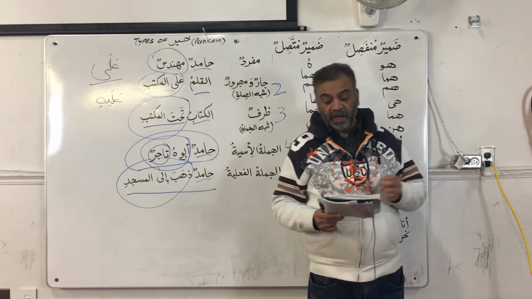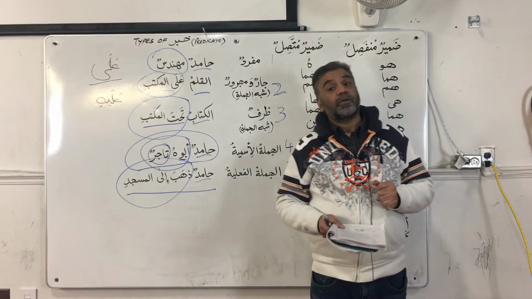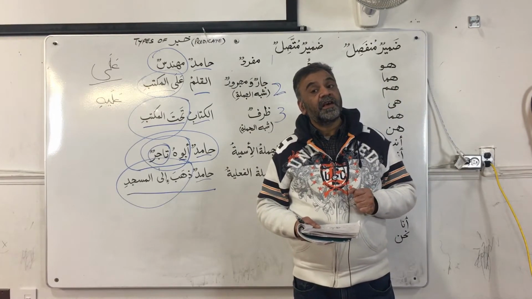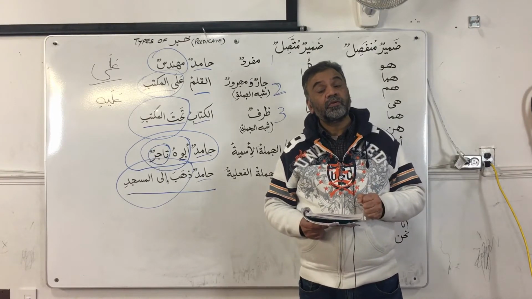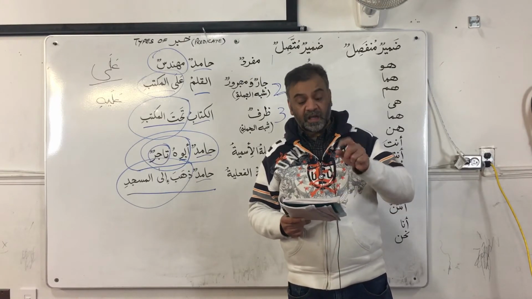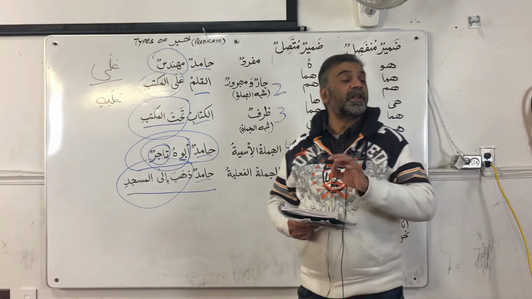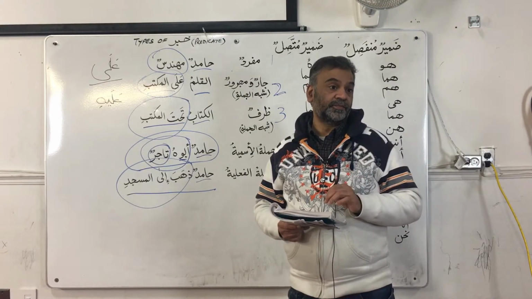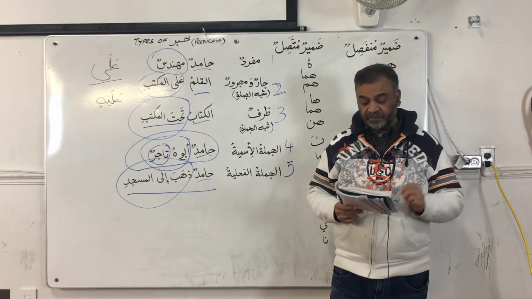Ummuha. Number 5, Aishatu tabibatun. Aisha is a doctor, a female doctor. Wa ukhtuha mumarridatun. What is the meaning of mumarridatun? A nurse, and her sister is a nurse.